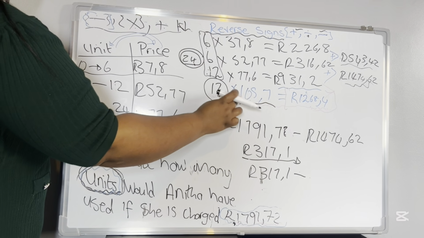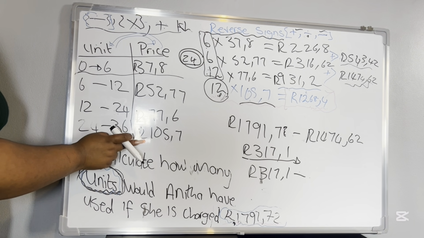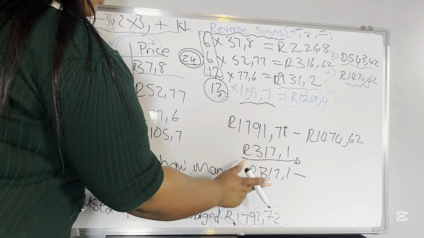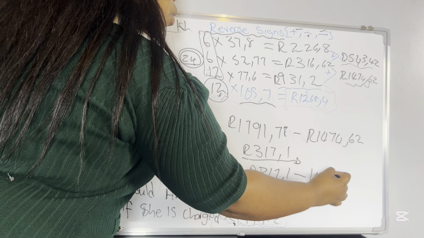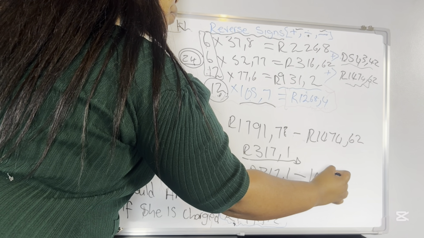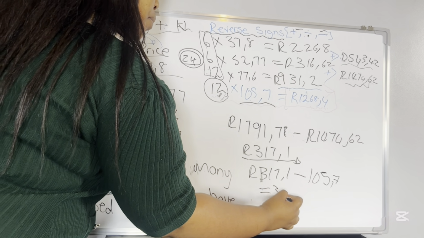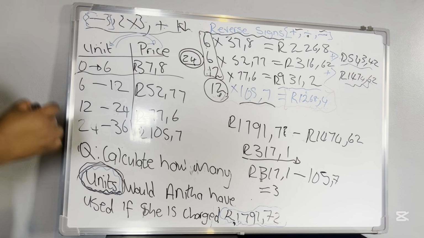So we are dividing with 105,7. Remember, it's under this block, meaning it is a price. Ne? So we are dividing our 317,1 with 105,7, which will give us 3.